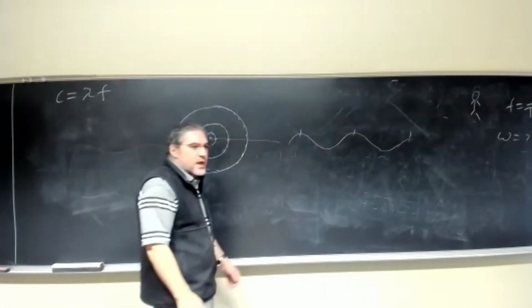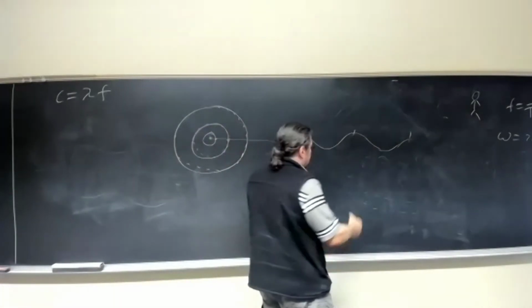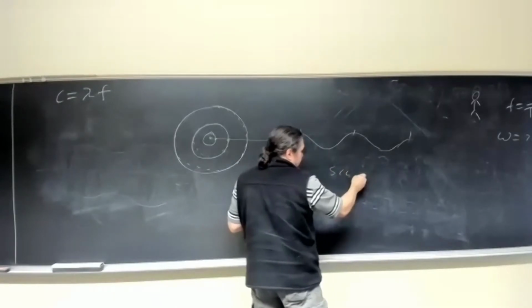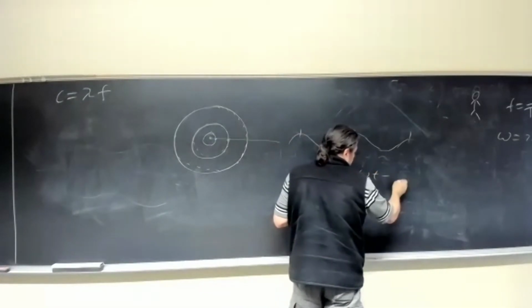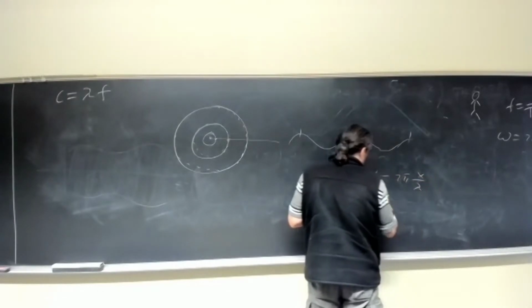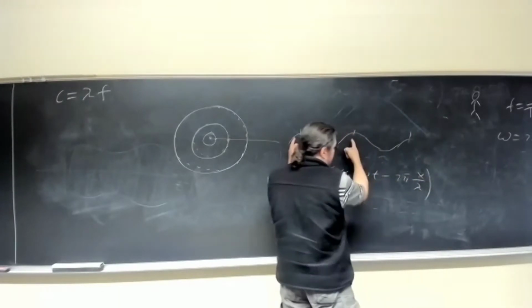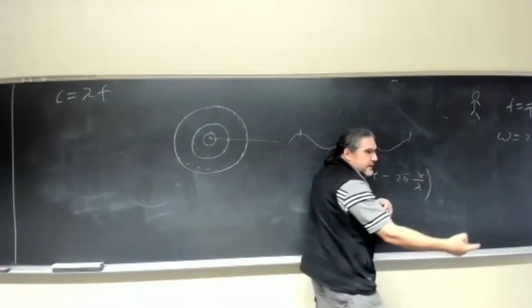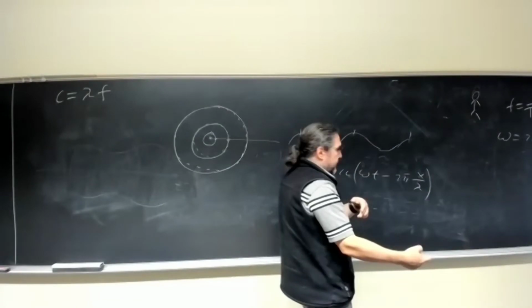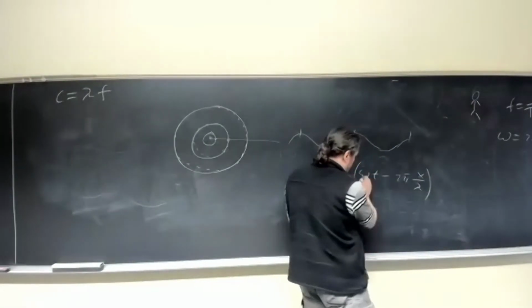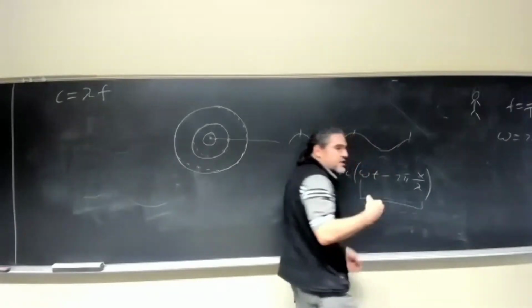But the maxima are exactly the points where, if I again use sine of omega t minus 2 pi x divided by lambda, the place where x changes by lambda, right? And if x changes by lambda, then what's inside here changes by 2 pi.